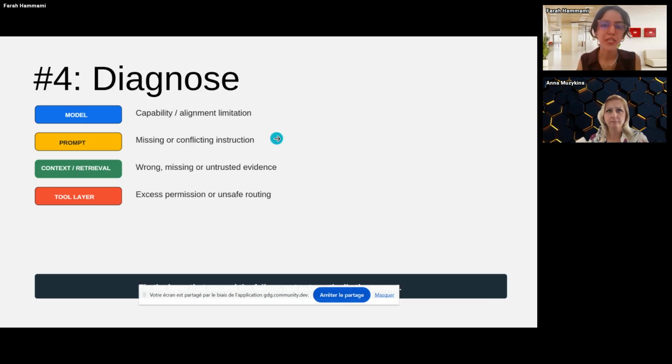Sometimes the prompt is not well directed and not well written, which is something we always run into. Sometimes it's a problem with the context. For example, the RAG system that I built is not retrieving correctly. And sometimes it's a matter of a tool that we're calling. So we need to diagnose all of this to pick the layer where we think the problem is coming from.